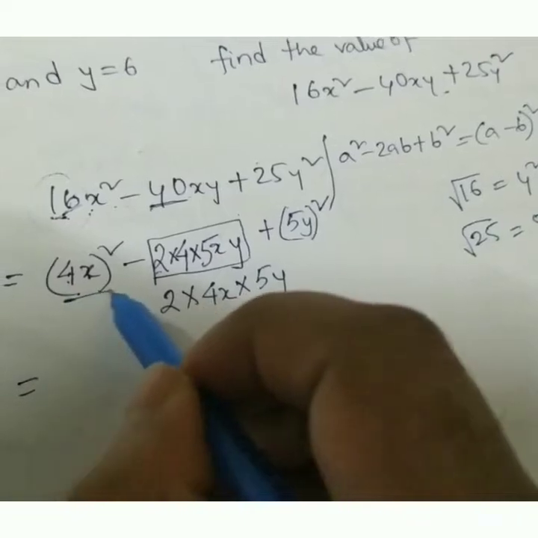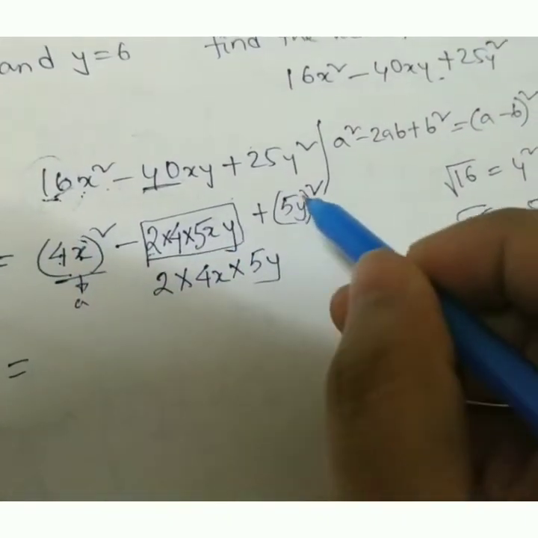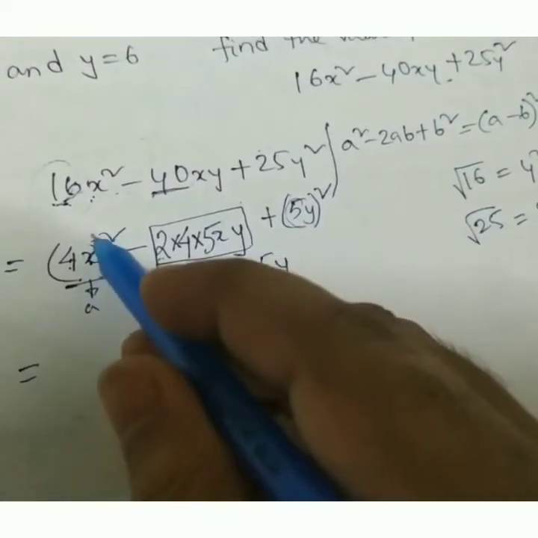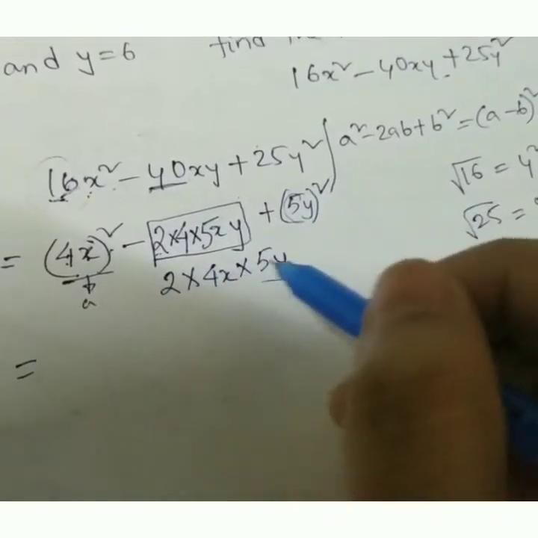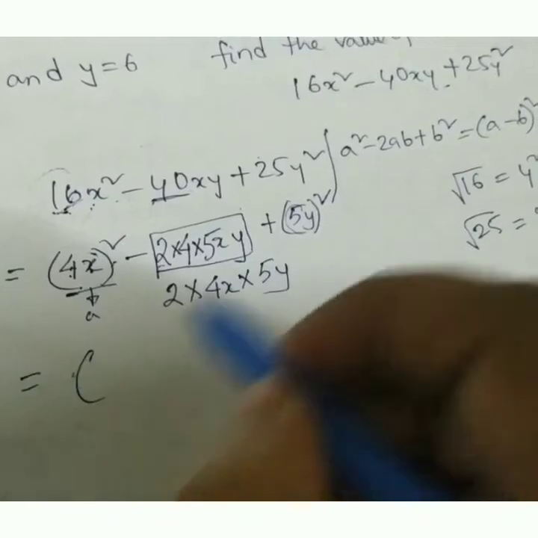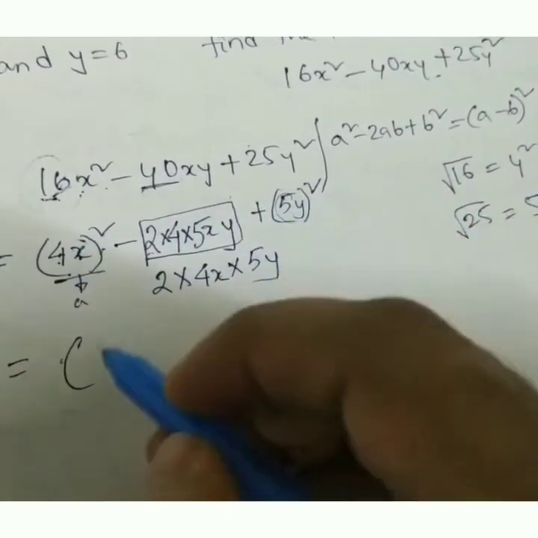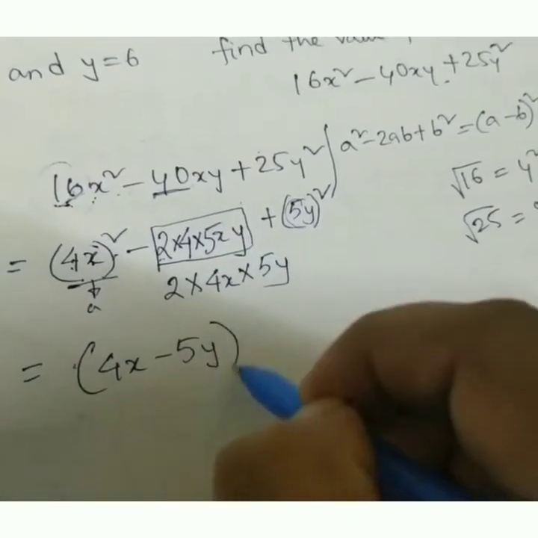So over here a is what? 4x. 4x is a, okay, and 5y is b. So (4x) whole square minus 2 into 4x into 5y plus (5y) square. So we can write as a minus b. a is 4x, b is 5y. So we can write (4x minus 5y) whole square.